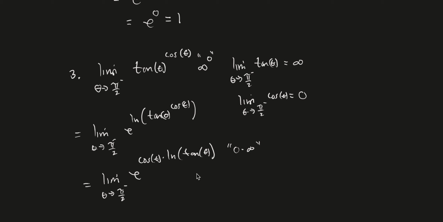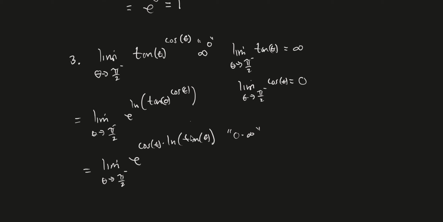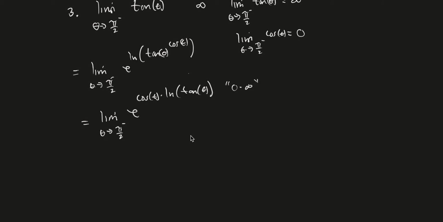And the question is, how does this work out? Well, we're going to do that same, again, strange trick for taking this product: instead of multiplying by cosine, I am going to divide by secant. In other words, I'm going to divide by the reciprocal of cosine.